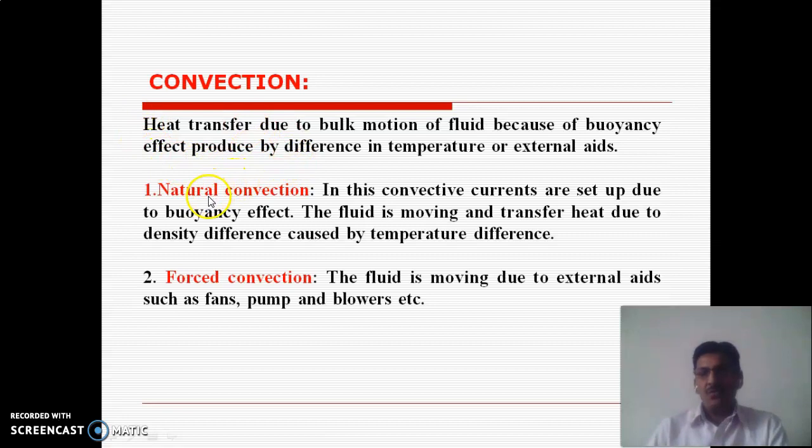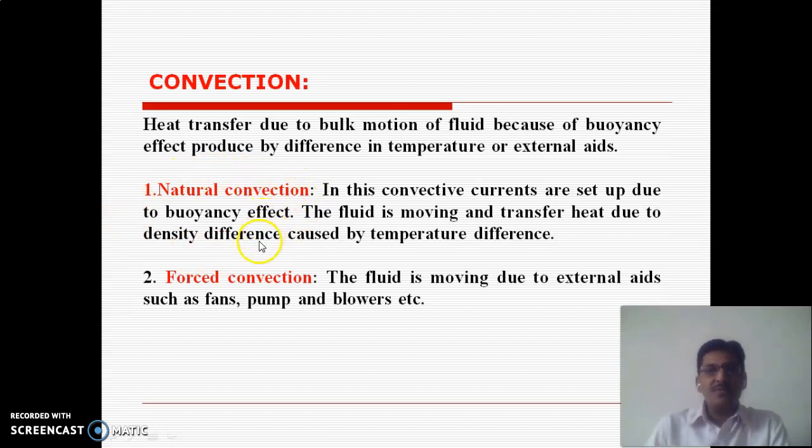There are two basic types of convection, natural convection and forced convection. In natural convection, convective currents are set up due to buoyancy effect. The fluid moves and transfers heat due to density difference caused by temperature difference.